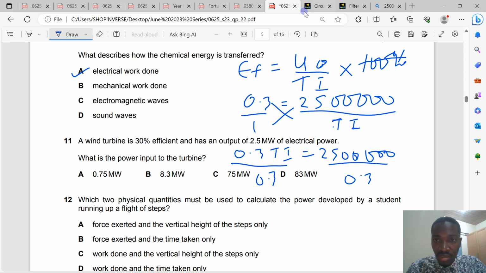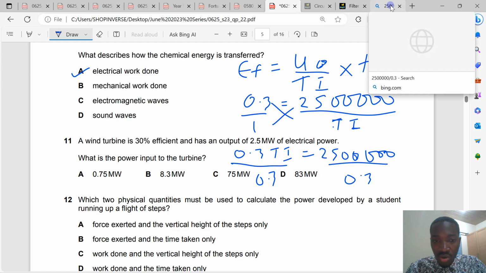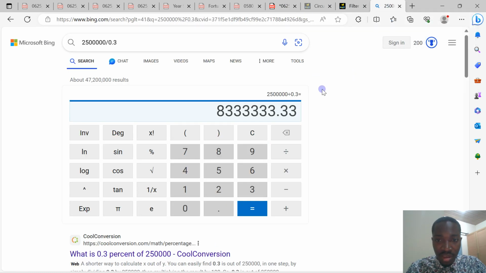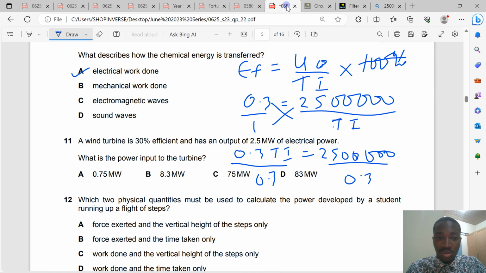Okay, I've not missed anything. So what answer do we have here? 1, 2, 3, 4, 5, 6. That's 8.3 megawatts. If you divide this value by 1000, you get 8.3. You get it in megawatts because the options are in megawatts. So what we have is 8.3 megawatts. That makes option B the correct answer to this question.